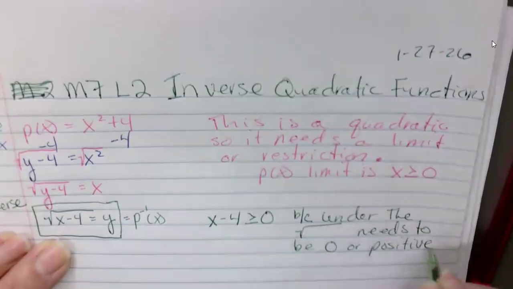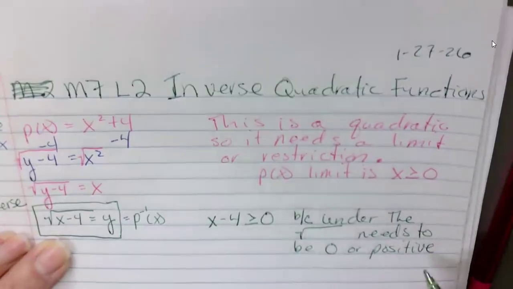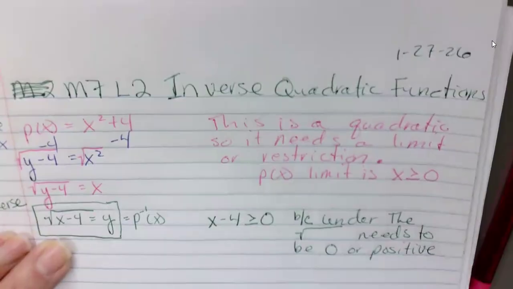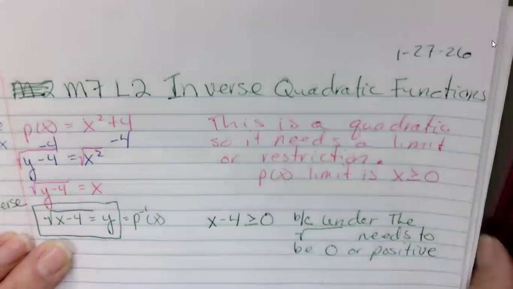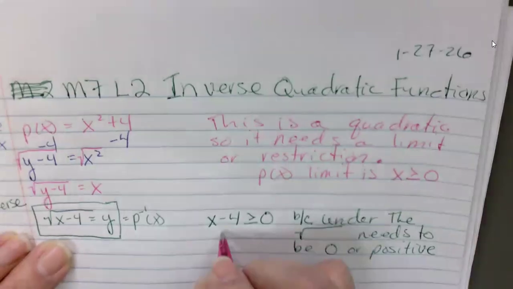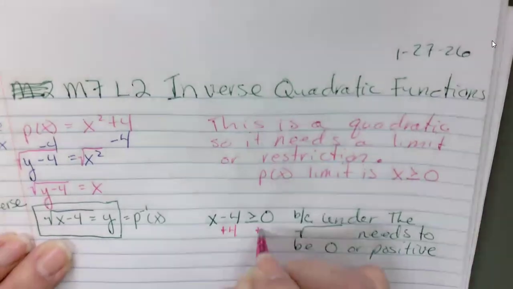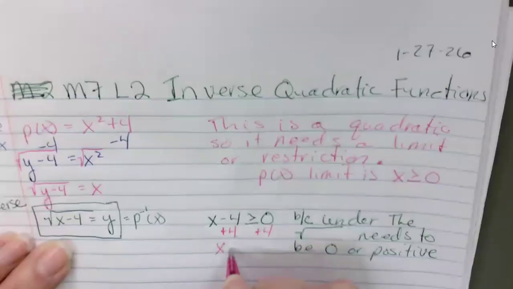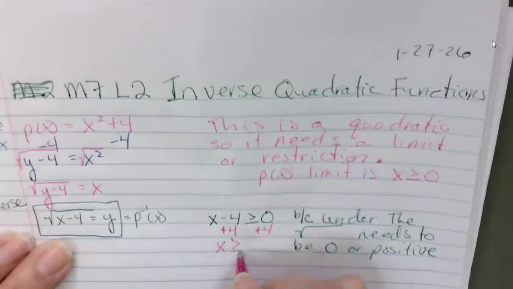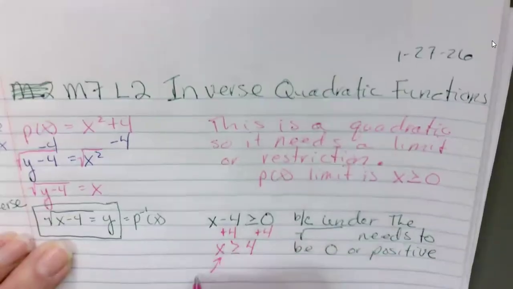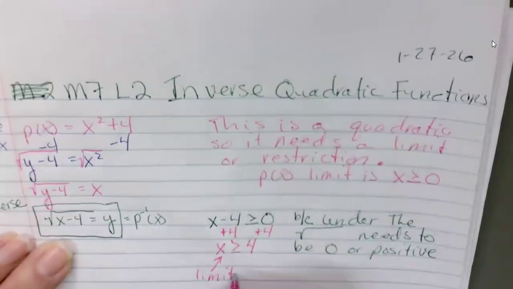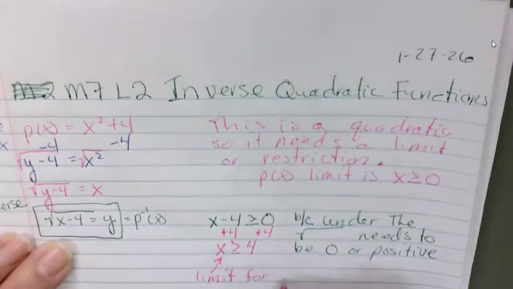Lots of ways you can write that, like it cannot be negative, because we can't graph an imaginary number. Then we solve for x, plus 4 to both sides. So our limit here is that x has to be greater than or equal to a positive 4. And that is our limit for the inverse of p.